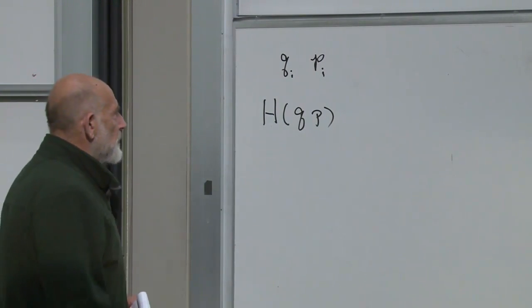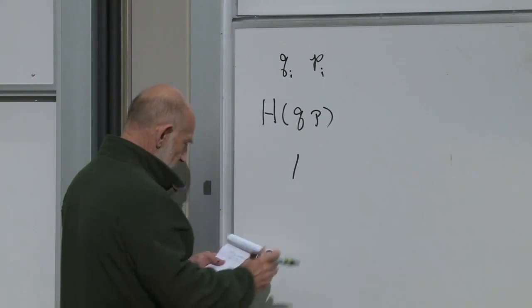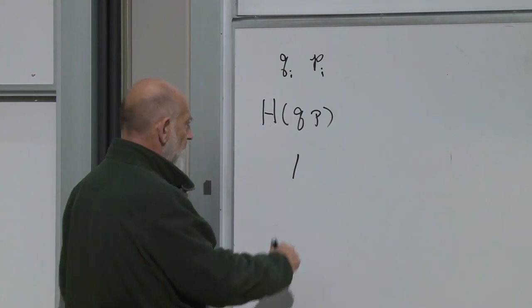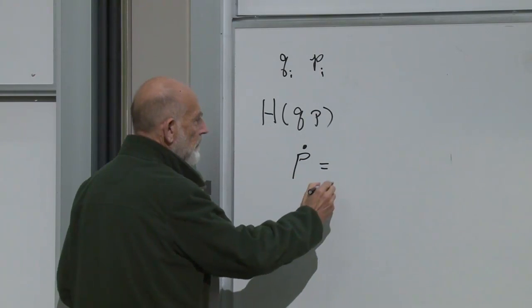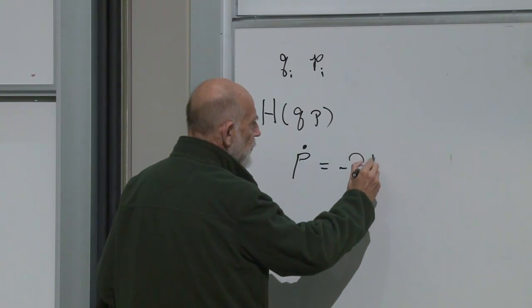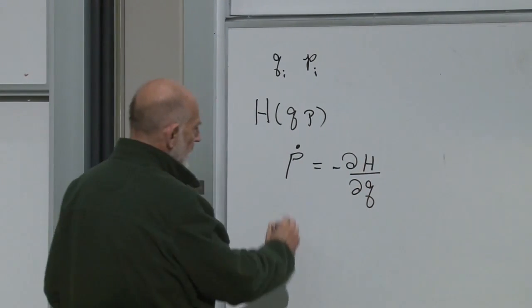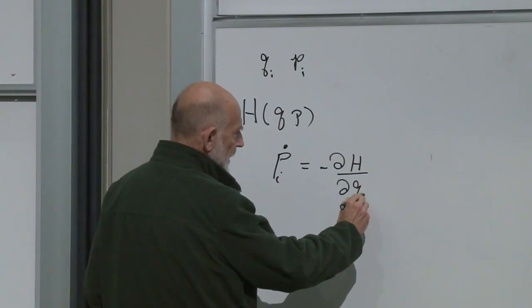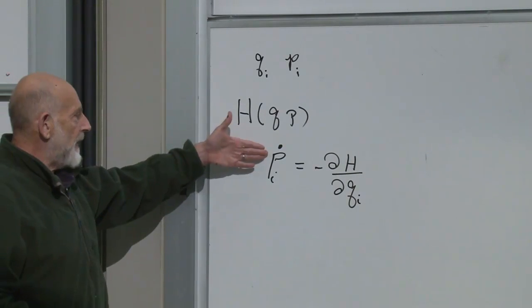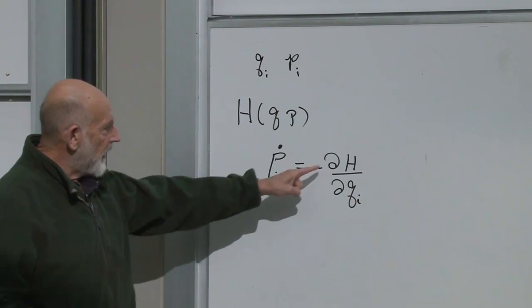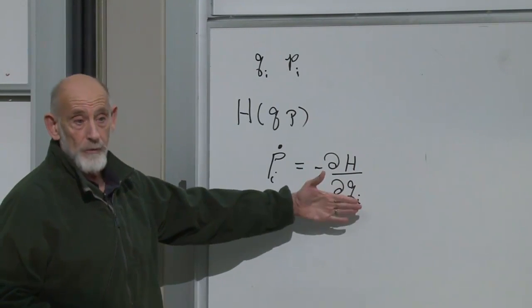It's connected through Hamilton's equations, namely, I always have to remember where the sign is, P dot is equal to minus dH by dQ. We'll put an index here. The 15th P, its time derivative, is equal to minus the derivative of the Hamiltonian with respect to the 15th Q.